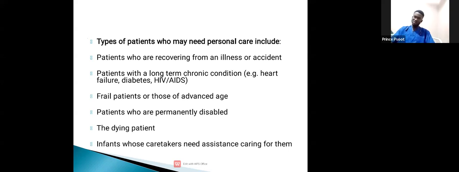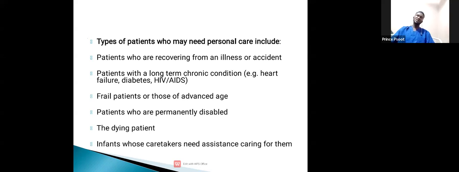I wouldn't want to categorize the age, but we know who an adult is, maybe from 50 to 70, even 60, who may also be part of the frail patients or patients advanced in age. Patients who are permanently disabled also need personal care. Then dying patients need a lot of personal care.